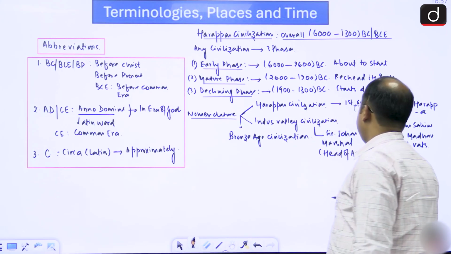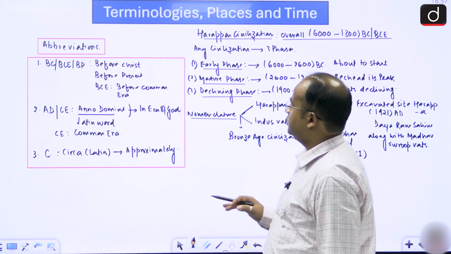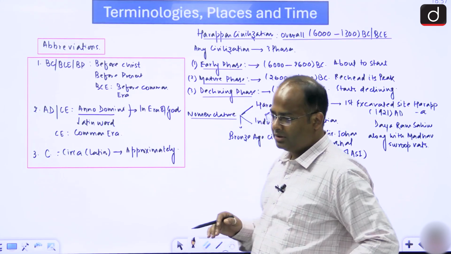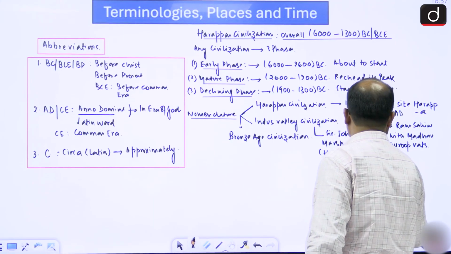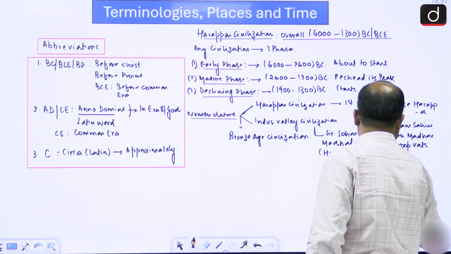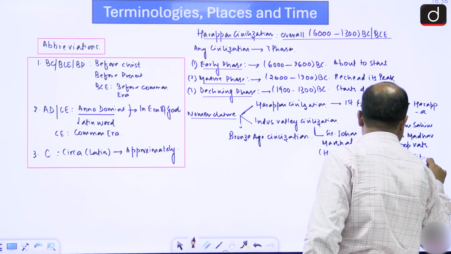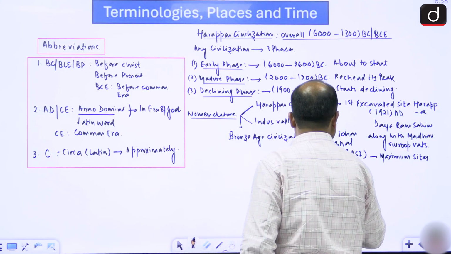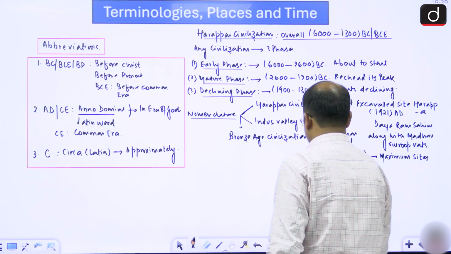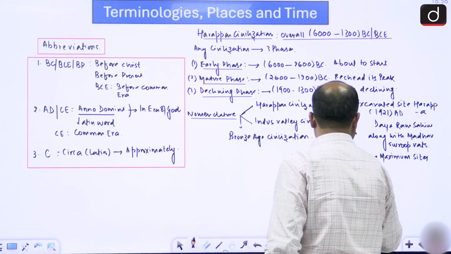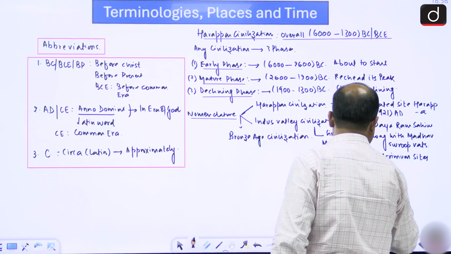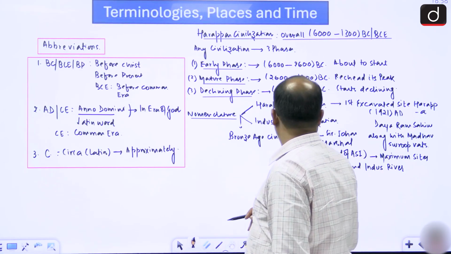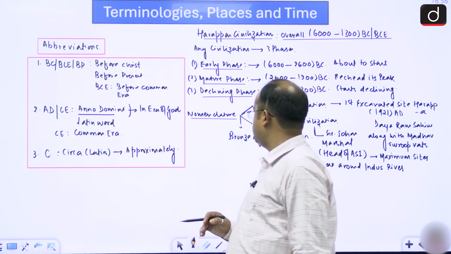He gave the name Indus Valley Civilization because the maximum sites which were found were around the Indus River. Therefore, it was called Indus Valley Civilization, and that was the name given by John Marshall.